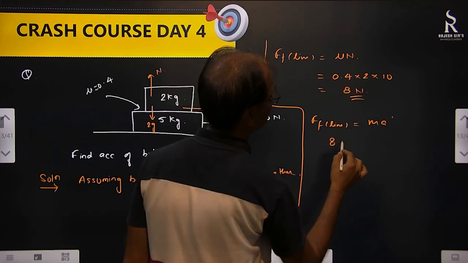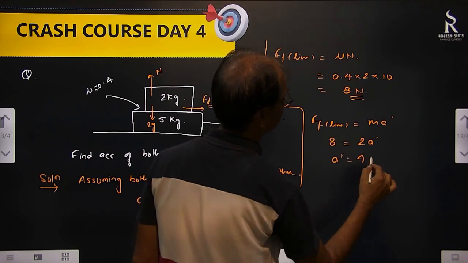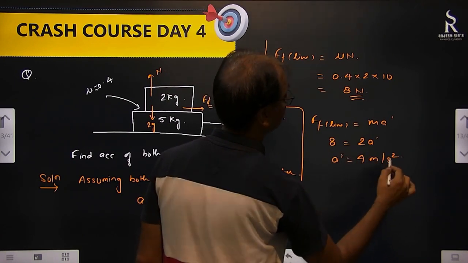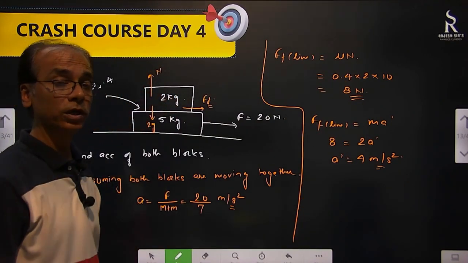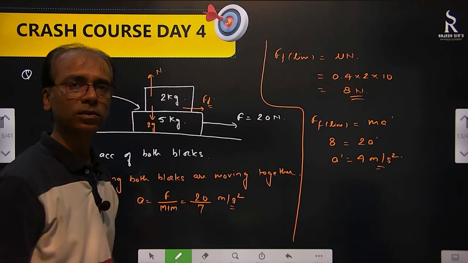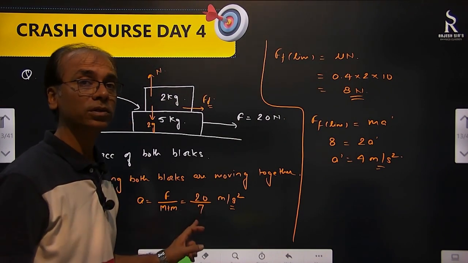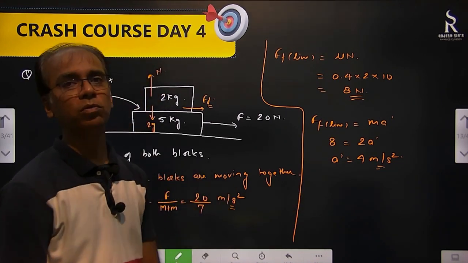Say 8 equal to 2 a dash, a dash equal to 4. So up to 4 this force of friction can give. So how much we require? Slightly less than 3. Required is 3. You can give up to 4. So that means both are going to move together only.